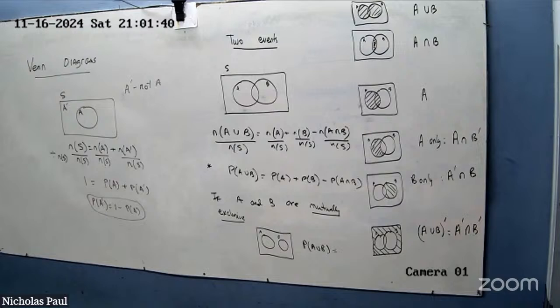All right, copy that down and then see if we can finish off this last thing I asked here. If A and B are mutually exclusive, it means they don't intersect. See if we can finish that part of it.